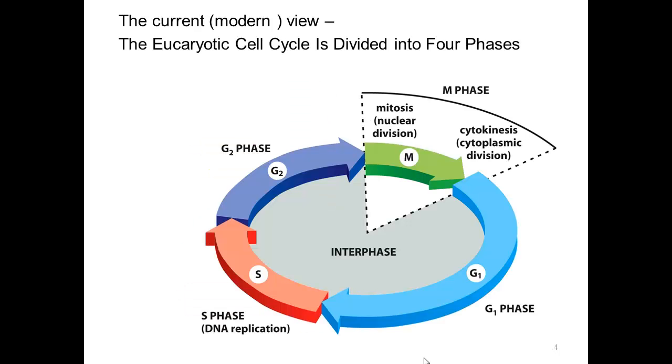Now this is a depiction of the modern view of the cell cycle. Again, we have the G1, the S, and the G2 phase. This is going to correspond to interphase, and this is greater than 95% of the time of the cell cycle. The M phase can take about an hour for eukaryotic cells, during which you're going to have mitosis, nuclear division, and cytokinesis, cytoplasmic division.